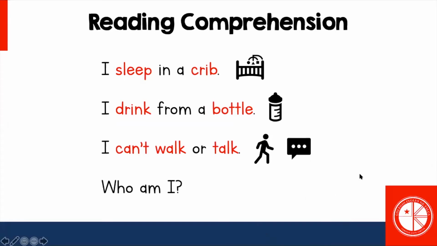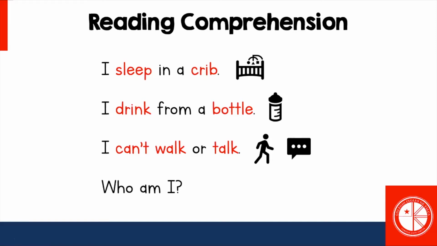So I know that in the text, I'm looking for a person and I have to read the text looking for information that is going to help me decipher who this person is. I can read all the sentences and try to find information about this person because they are asking me, who am I?